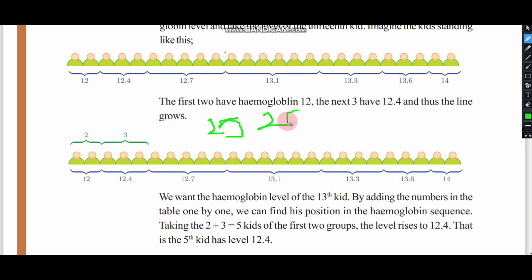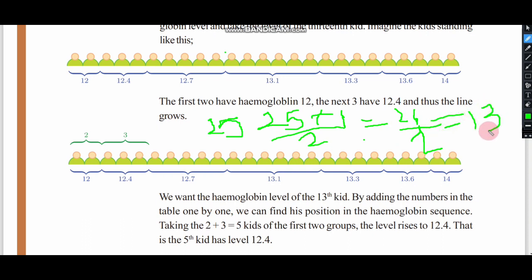Here n is equal to 25. 25 plus 1 by 2 is equal to 26 by 2, which is equal to 13. Okay, 13 is the answer.